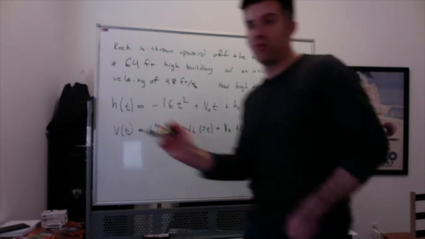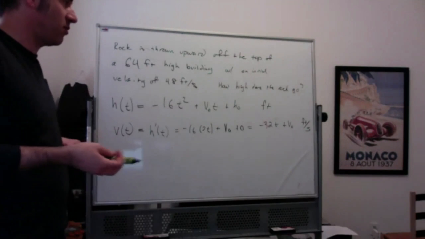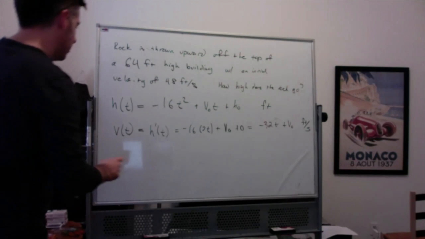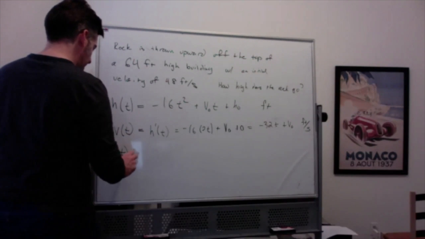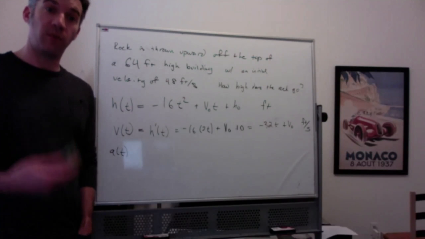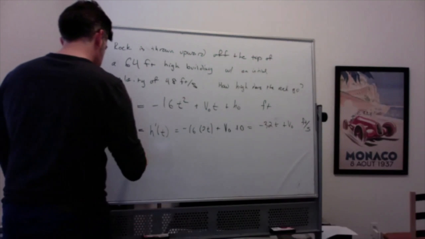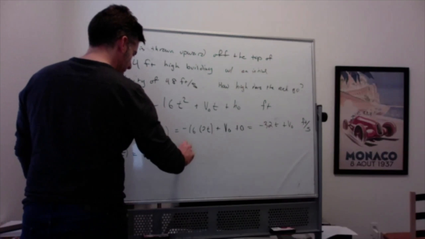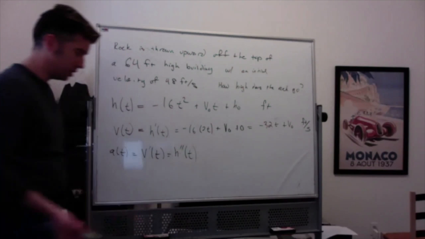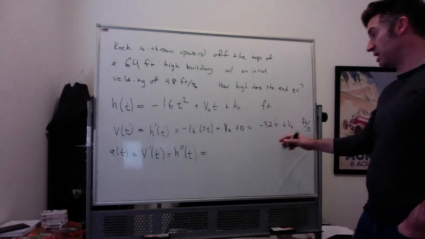And then finally, and really we're kind of doing this backwards, but that's okay. The derivative of velocity, which is acceleration, the rate of change of the rate of change, or the second derivative of position, is the derivative of this, which is just negative 32.